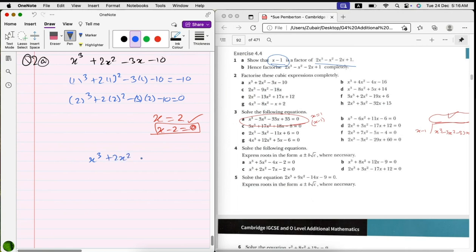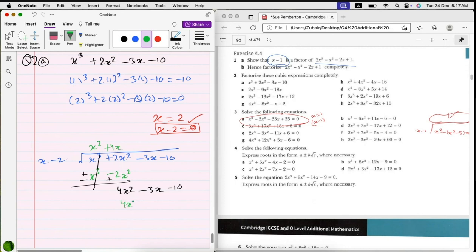x cube plus 2x square minus 3x minus 10 and x minus 2. So x into x square is x cube, minus 2x square, plus minus minus plus. This is 4x square minus 3x minus 10. Plus 4x, we get 4x square minus 8x.